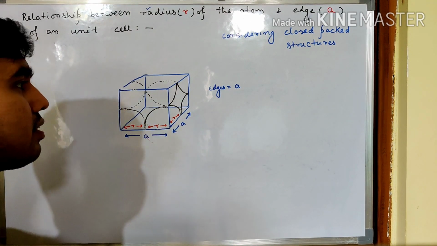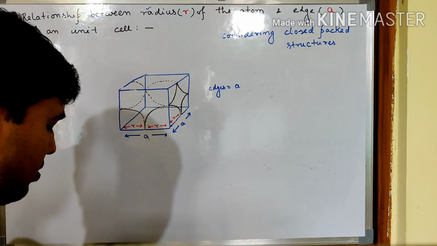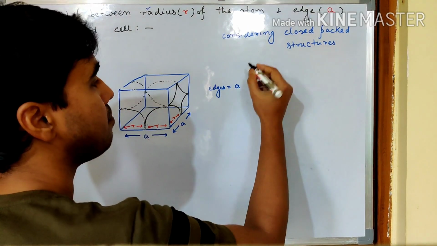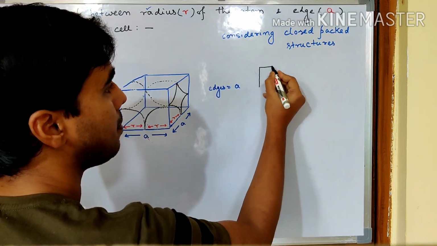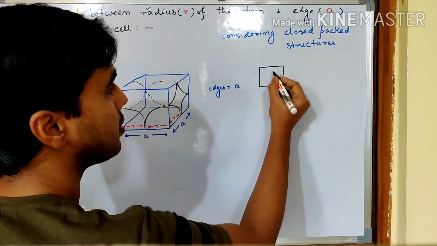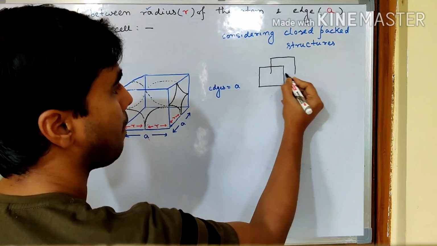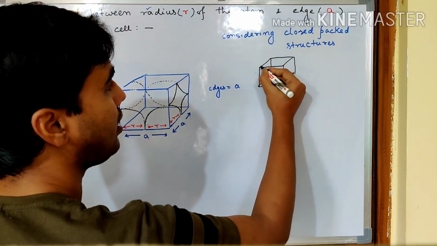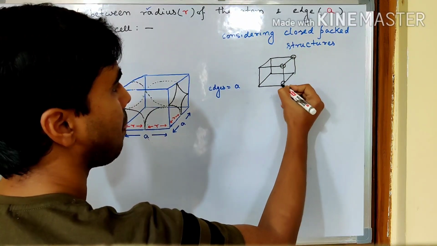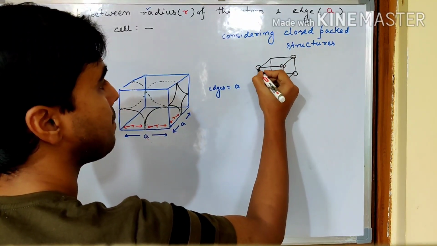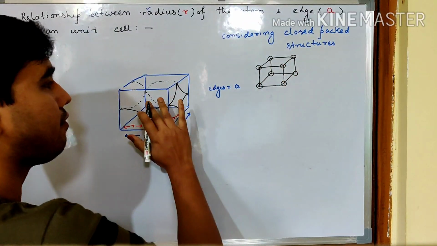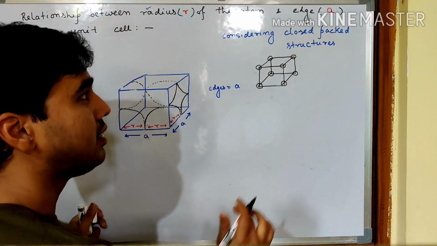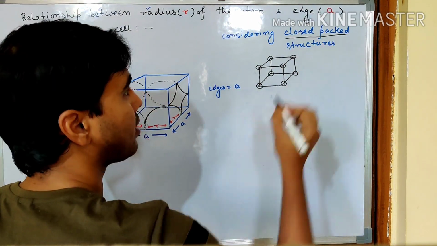Now why are we drawing like this? If I draw it very quickly, you must be thinking that earlier I had drawn something like this, and suddenly I have drawn this. The reason is this is a close packed structure.